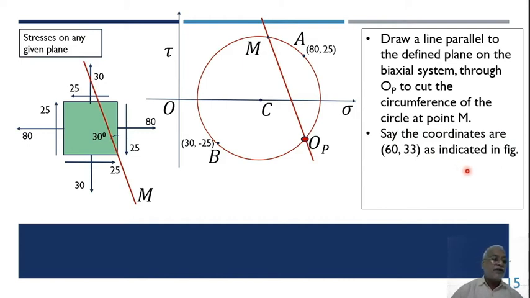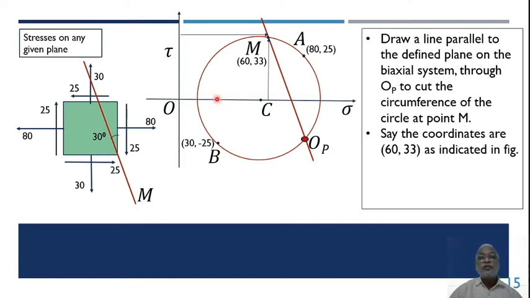I have arbitrarily taken the values. It is not the exact one. You have to solve the problem for exact values. Just for explanation's sake, I have taken some values. So say it is 60, 33 as indicated. Now what is that 60, 33? It's the coordinate of M, and 60, how is it done?